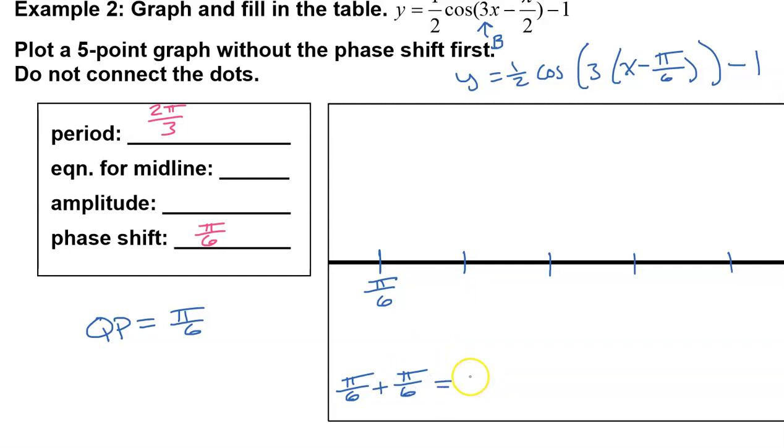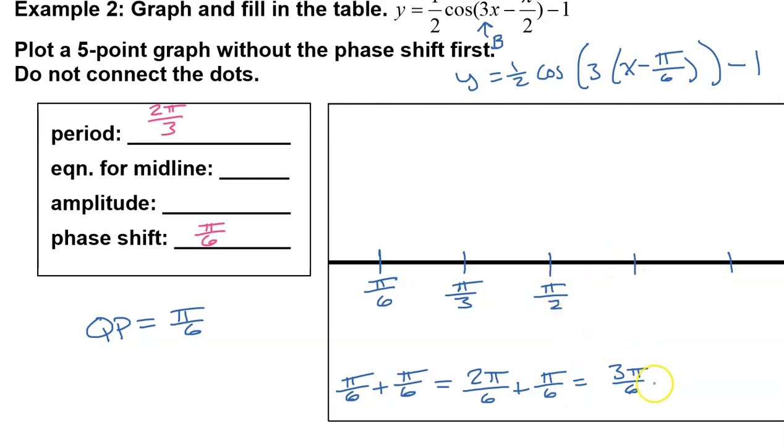That's going to give me 2 pi over 6, which reduces down to pi over 3. So this position will be pi over 3. To find the next position, I need to add another quarter period. So I will add another pi over 6. That will give me 3 pi over 6, but that reduces down to pi over 2. So this will be pi over 2.